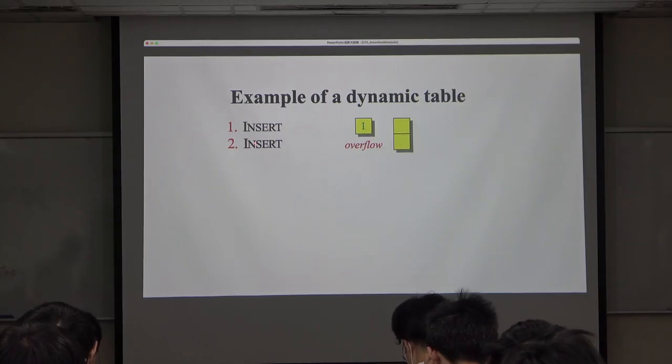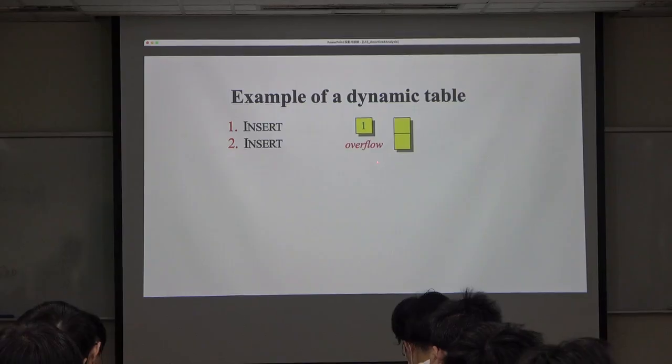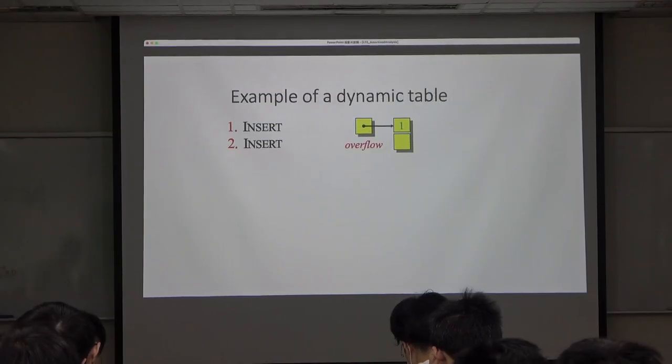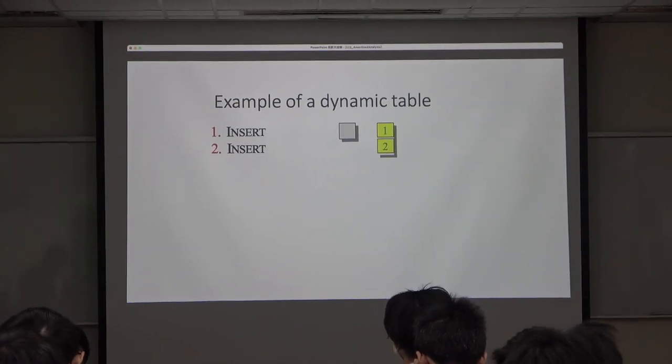So what you need to do is create a larger table: you grow the table size by doubling it, and then you copy all elements from the old table to the new table, and then you insert the new element. So this is what happens. You copy this one from the previous table, and then you insert the second element, so you're done, right?